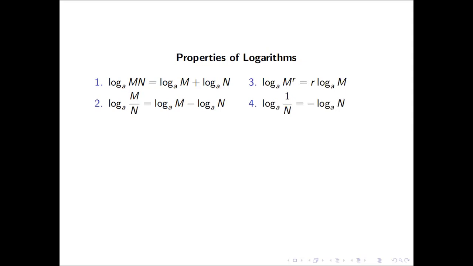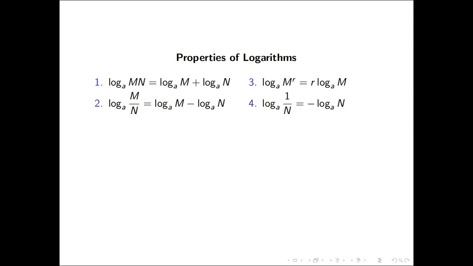And as a special case, we have the logarithm of the reciprocal equal to the negative of the logarithm. If you apply property 2, you can get it as log 1 minus log n, and logarithm of 1 is always 0 as discussed in the previous lecture, just a while ago.